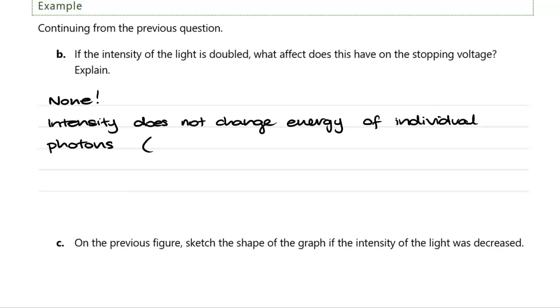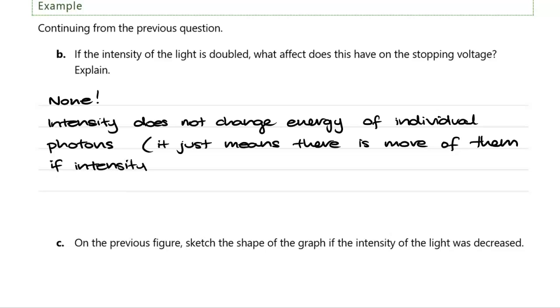And then in brackets, I'm going to say it just means there's more of them, if specifically intensity was doubled. Oh, let's actually be a bit more specific. Rather than saying it's more of them, there are 2 times as many of them. There, that's a bit more specific.